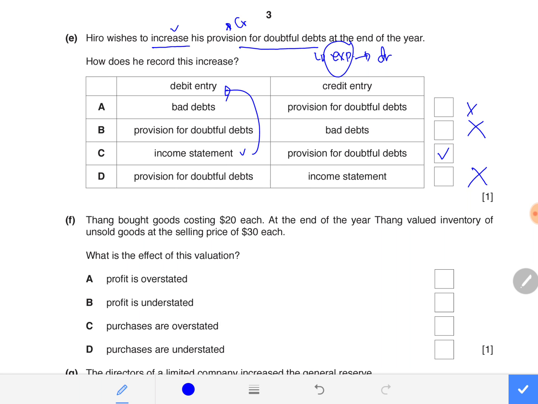F. Tang bought goods costing $20 each. At the end of the year, Tang valued inventory of unsold goods at the selling price of $30 each. What is the effect of this valuation?